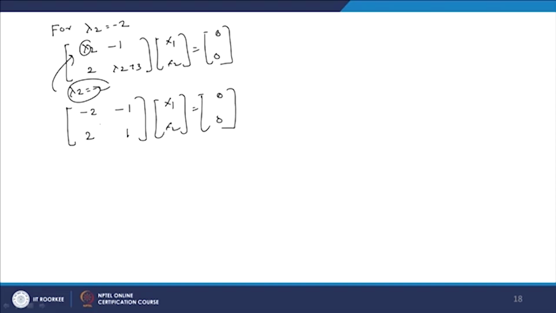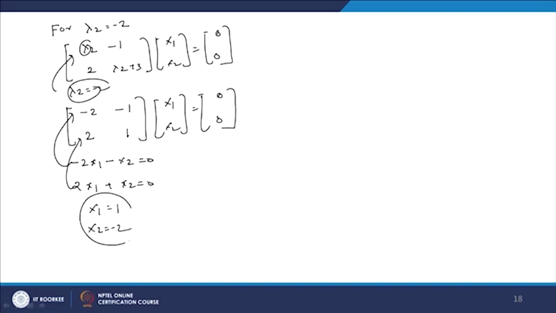Now we solve this equation. After solving we get 2x1 minus x2 equal to 0, and the second equation 2x1 plus x2 equal to 0. Again they are similar equations, that means 2x1 plus x2 equal to 0. Suppose we take x1 equal to 1, then x2 equals minus 2.